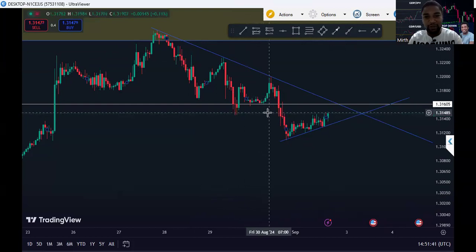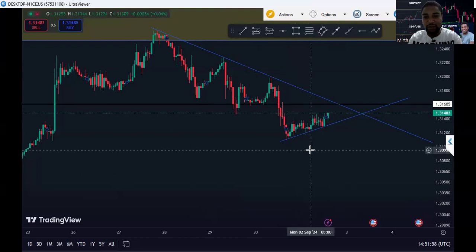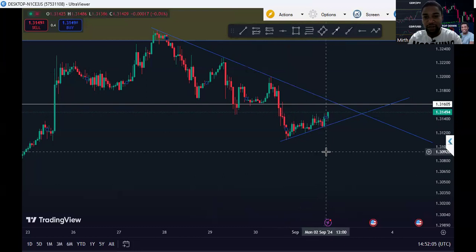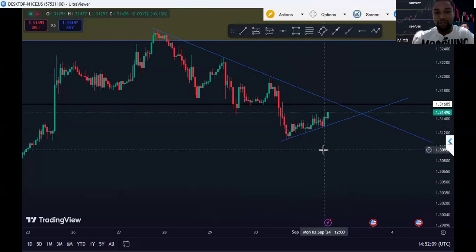That's 13 hours. So what I'm going to be expecting here is around 16 candles. I will just count to 21. This is already good enough for a sell.